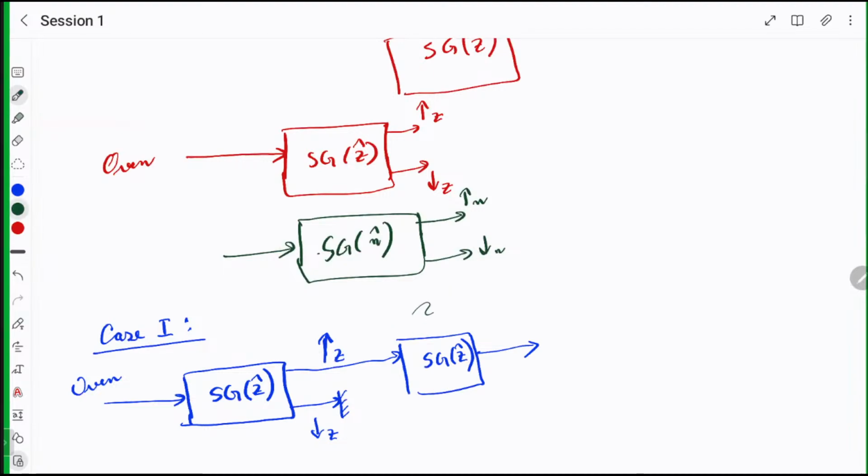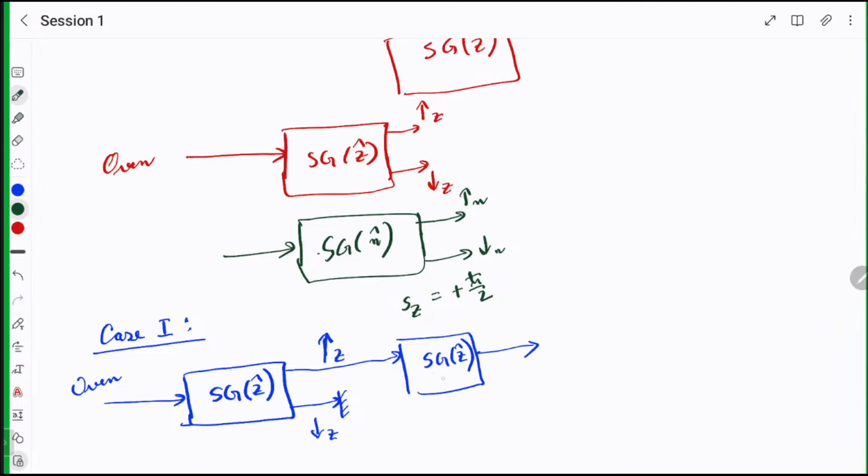That means all the atoms going through here have Sz equal to plus h cross by 2. That means the Z component of the spin angular momentum is plus h cross by 2.